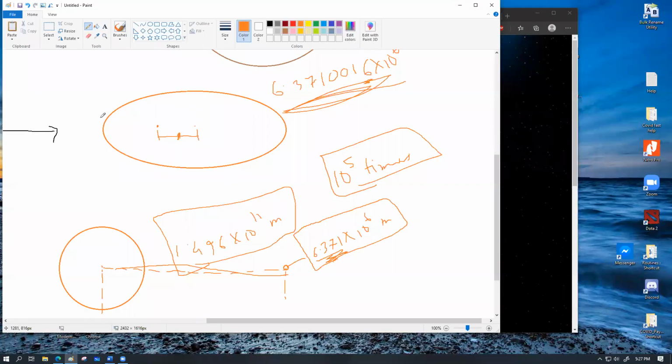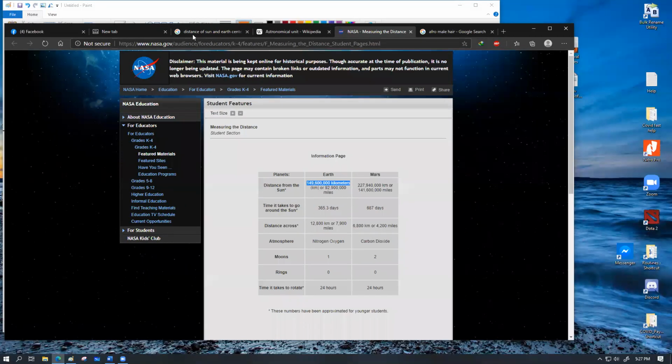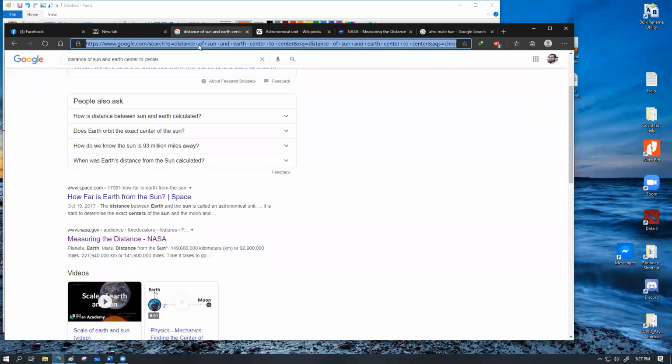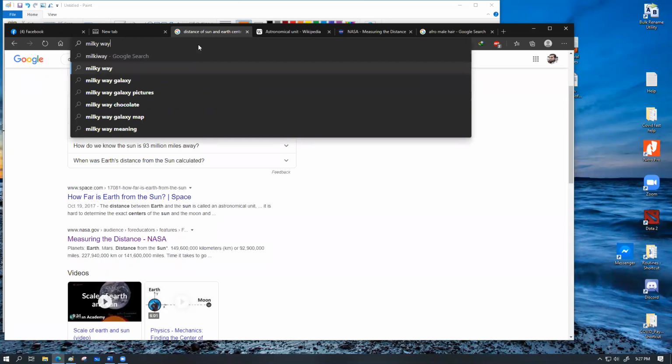If you consider that this is the size of the Milky Way galaxy, okay, let me just show you a figure, so that it might be easier for you, since we have access to internet. So why not? I can search over here: Milky Way galaxy and solar system.